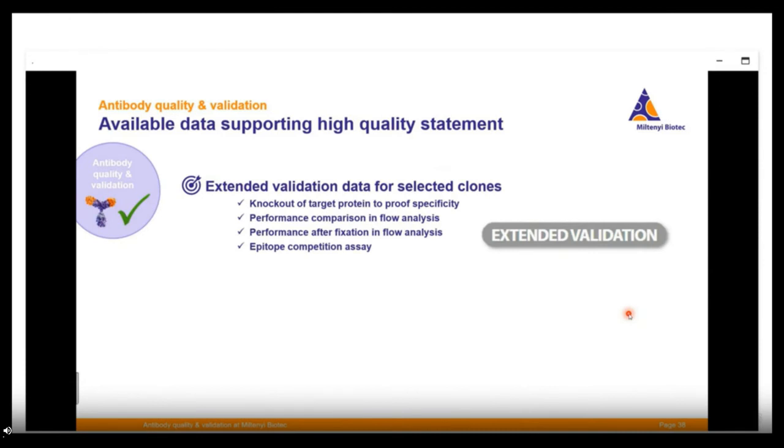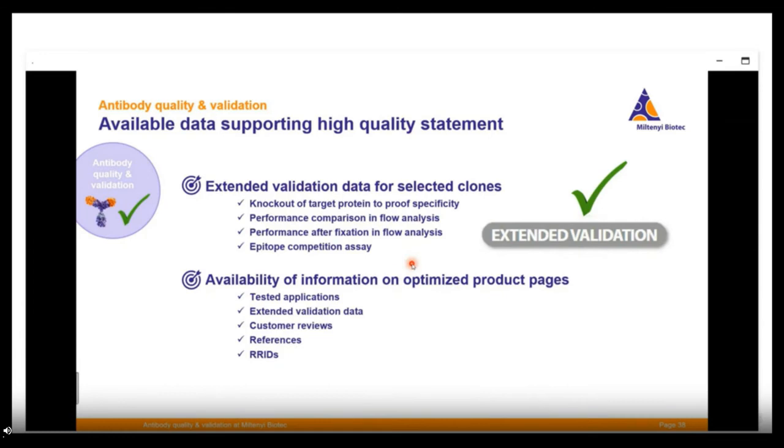And as I mentioned, all this data that I have shown you before exists on our product page website with a stamp called extended validation, specifically the knockout data, performance comparison, and the fixation data, as well as the epitope computation. Finally, additional documentation support we also offer on the product page, where we show the tested application and customer review, reference, and reagent repository ID, and so on.